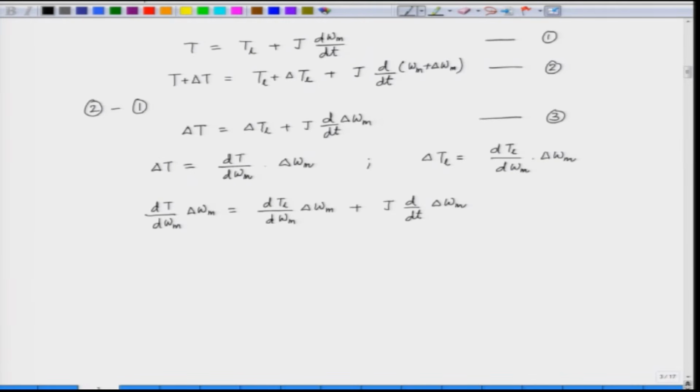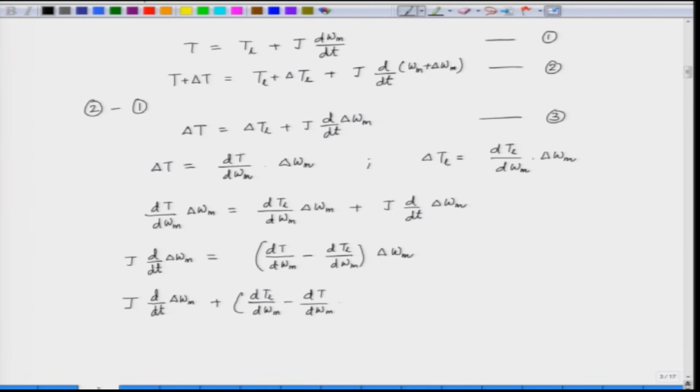J d by dt of delta omega m is equal to dT by d omega m minus dT L by d omega m into delta omega m, or we can take everything to one side and write J d by dt of delta omega m plus dT L by d omega m minus dT by d omega m into delta omega m equal to 0.